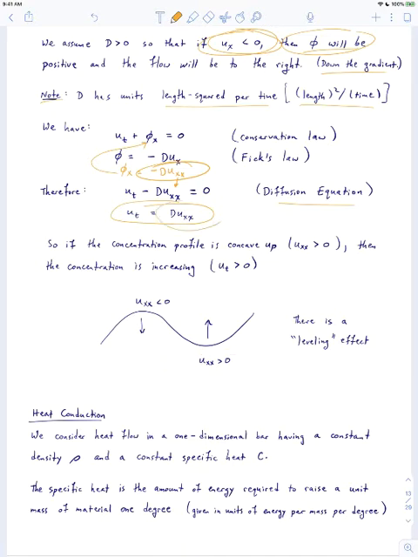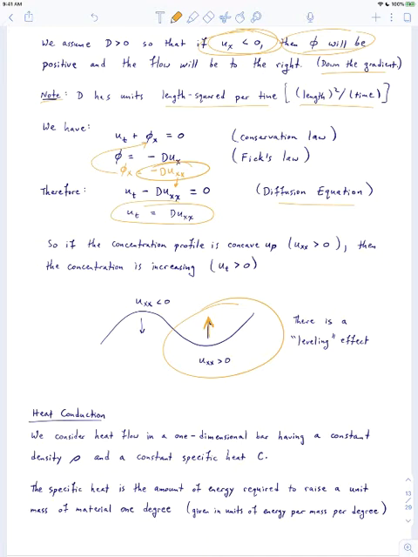Now, if the second derivative is positive, d is also positive, so that implies that u sub t is positive. That means that u is increasing as time goes by, so the concentration is increasing. So if you have a graph that's concave up, then u is actually moving up as time passes.